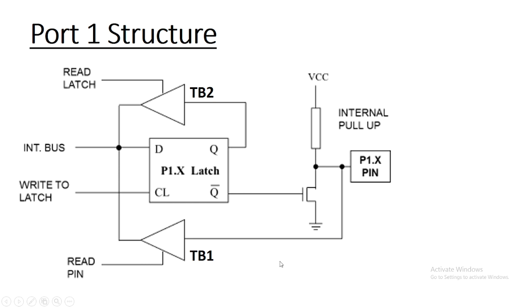The structure of the other ports is very similar to port 1, with some additional circuitry according to their functions. Port 1 is a basic port used as the IO port. It has 3 main components: at the center there is a latch, a buffer and an input driver.